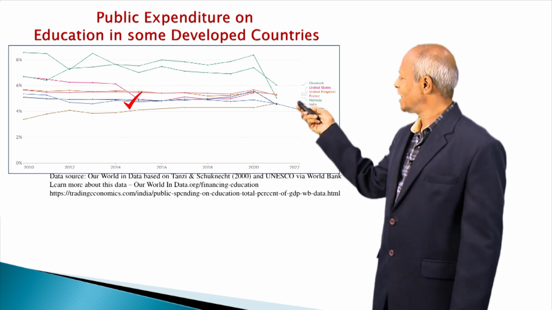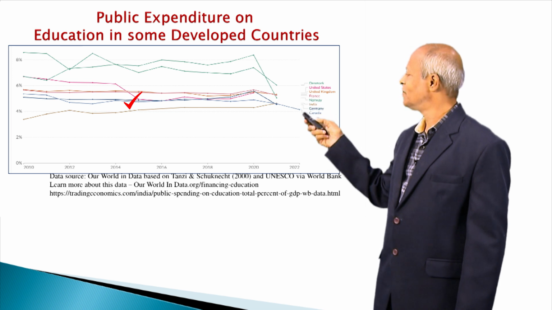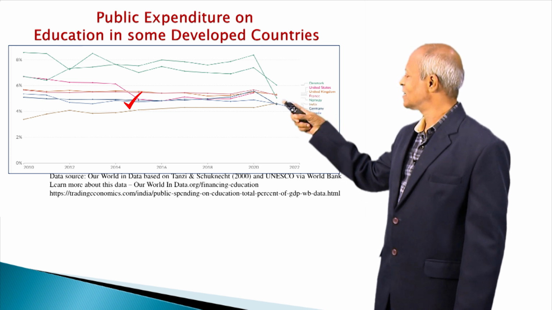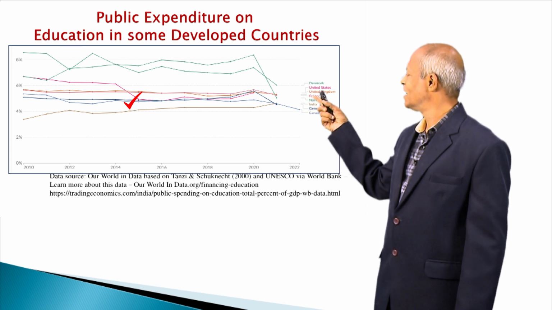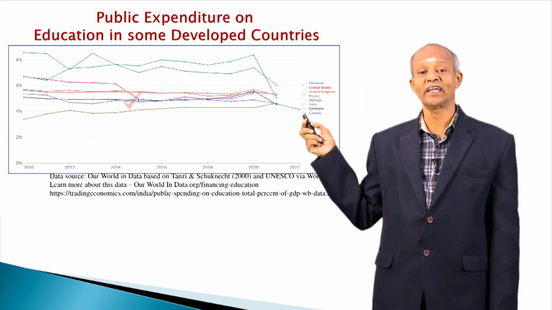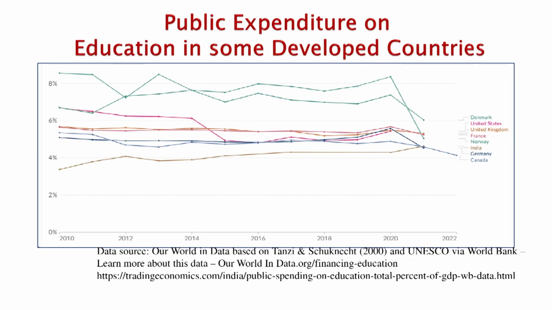The bottommost line is India, which has never crossed 5, but smaller countries like Denmark and Norway, called the Scandinavian countries, are spending around 8% of the GDP.